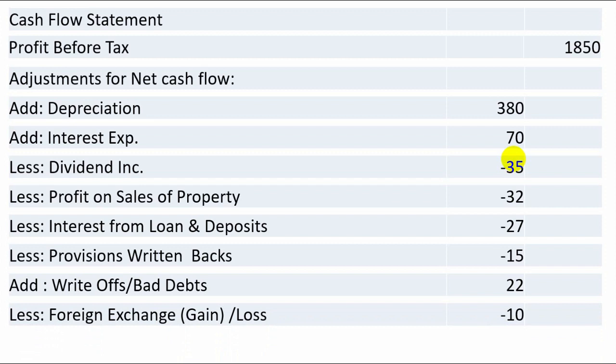In this particular example, the company has gained from foreign exchange which was added to the P&L account. While calculating the cash flow from operations, we need to remove it. So, these are a few examples of adjustments of non-cash as well as non-operating items. The total of all these is 353 crores. So along with the profit before tax of 1850 crores, the company has earned an additional 353 crores. So let's move on to the next page.